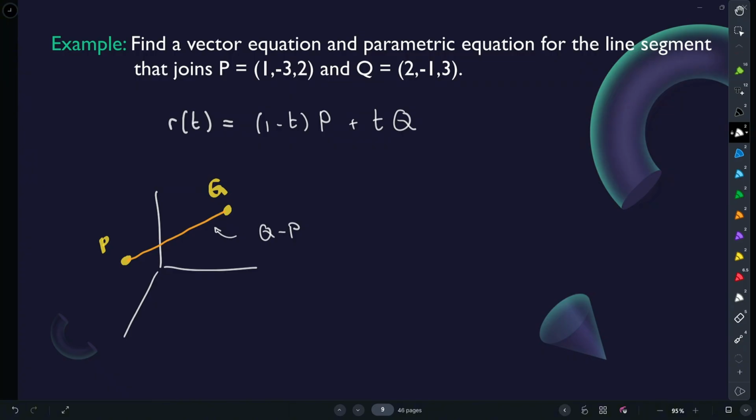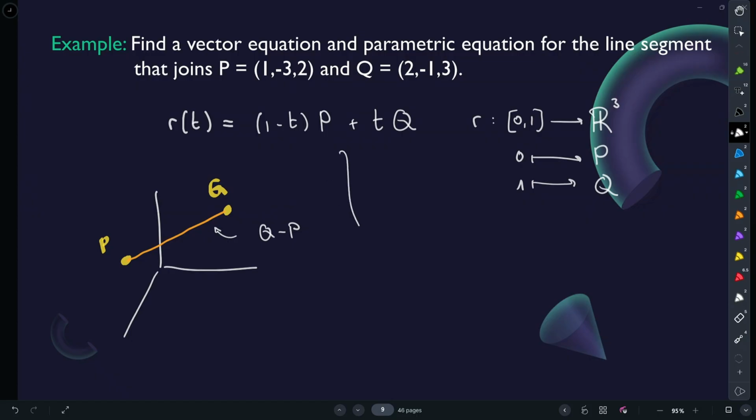At time 0, you can see that I get P, and at time 1, I get Q. So that is a segment that at 0 is at P and at 1 is at Q. Okay, so R is going from the interval 0, 1 to R3, and at 0, I land at P, and at 1, I land at Q. Okay, so it's given by this equation.